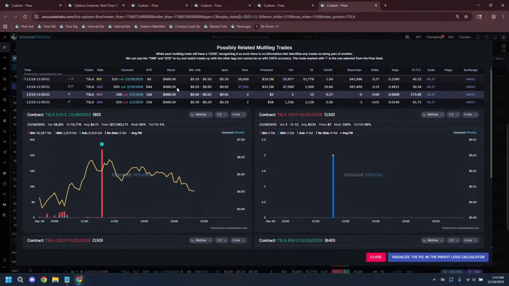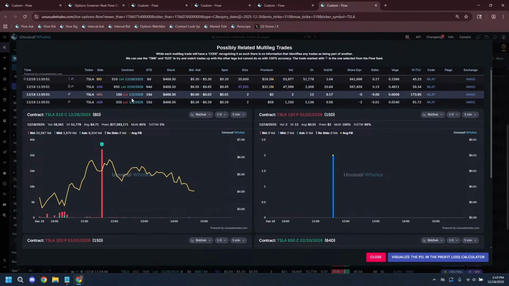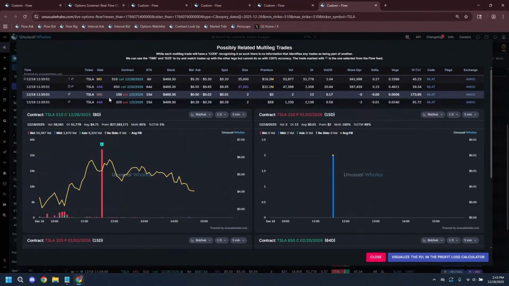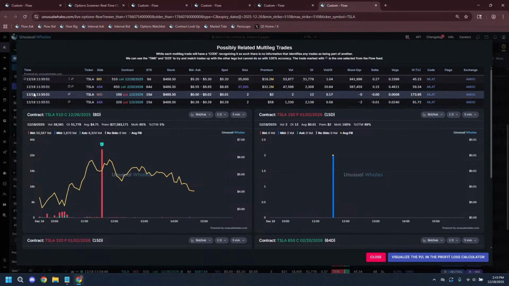It transacted at the same time that a whole bunch of 650 February calls were traded, which also happened to take place at the same time as only two multi-leg contracts. These two contracts just happened to trade at the same time as these two multi-leg contracts, so the system is including them in this view just by sheer coincidence.